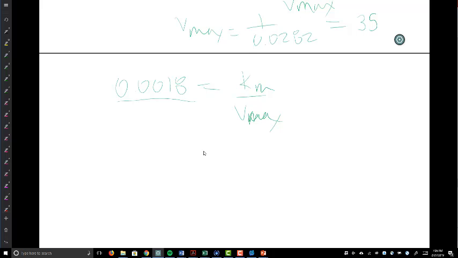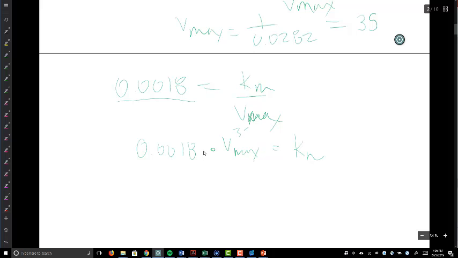Okay, yep, exactly. So we can do 0.0018, and certainly there are units there, which I'm being a bad professor and neglecting, times the value for Vmax, which in this case, I think is 35. I can't remember, it's a really low number. I want to say it's like 0.05 or something like that.